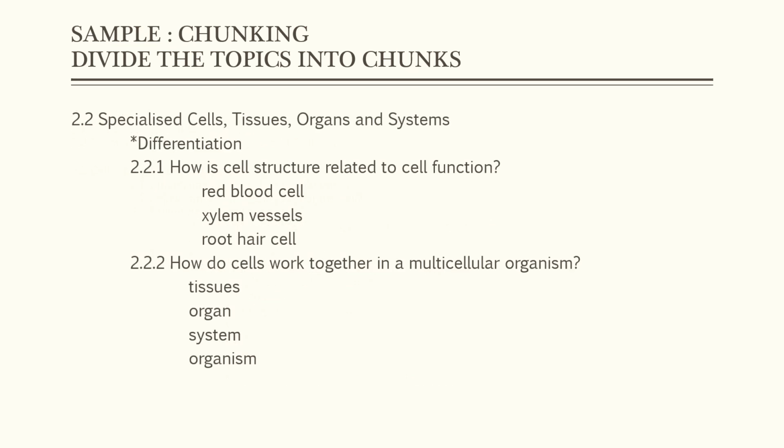Next are the specialized cells, tissues, organs, and systems. So you are introduced to the word differentiation, and under it, how cell structure relates to cell functions. You are now going into specialized cells like red blood cells, xylem vessels, and root hair cells. And how do cells work together in a multicellular organism?